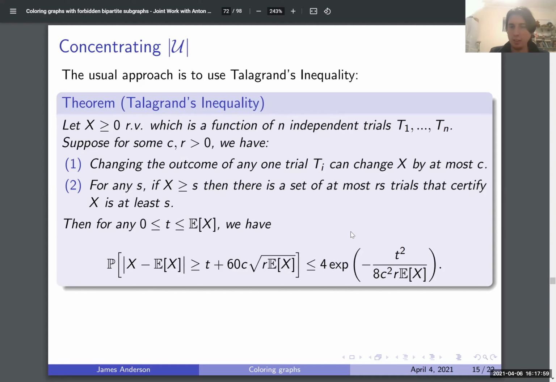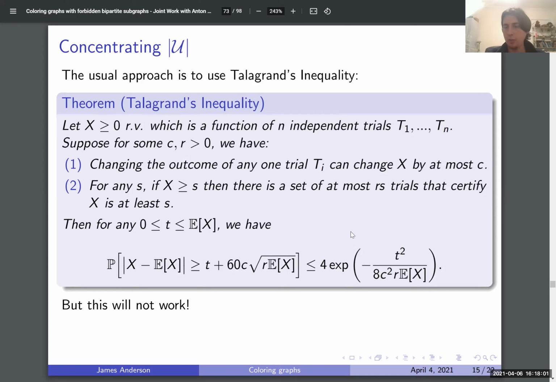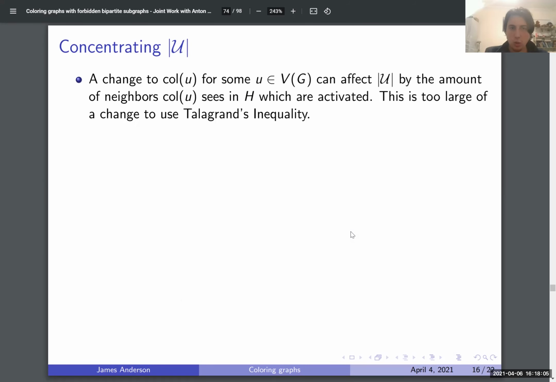However, this isn't going to work for us. And what is the reason why? Well, the reason is that if we change the color of U, for some vertex U of G, so we're thinking of some color in our graph H, and we change the assignment of U to some other color in H, we could affect U by quite a large amount.